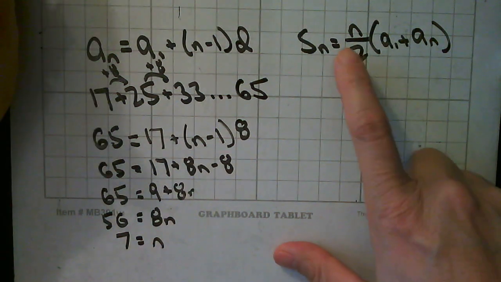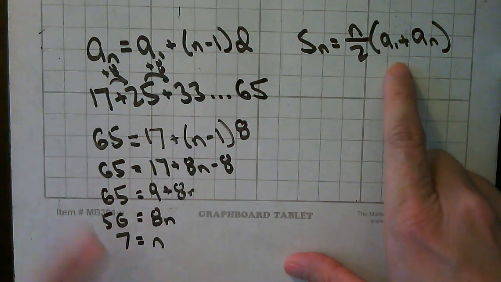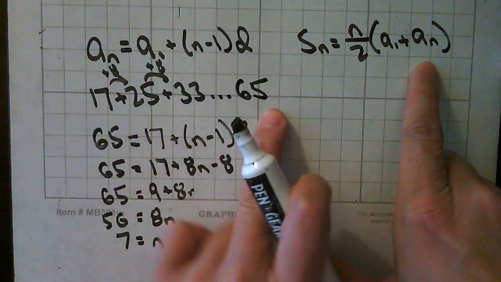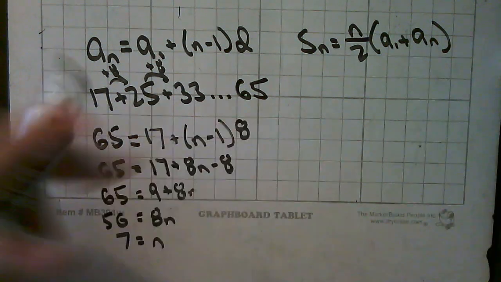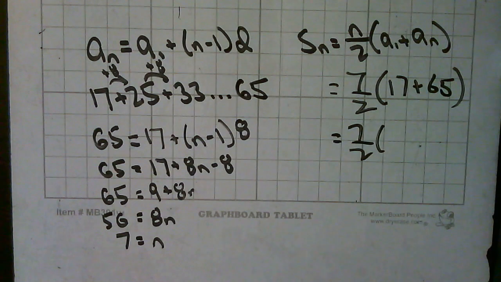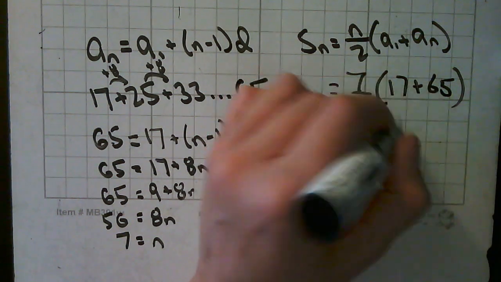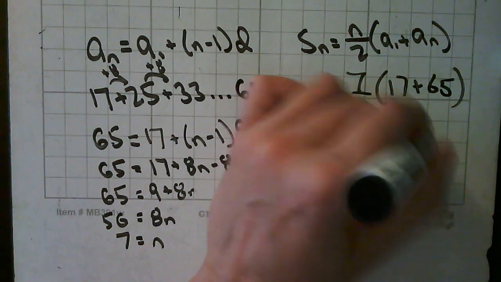Okay, now we have everything we need. We have our n here, 7. We have our a1, and we have our last term here. So let's just plug it in. So we got 7 over 2, 17 plus 65. 17 plus 65 is 82.